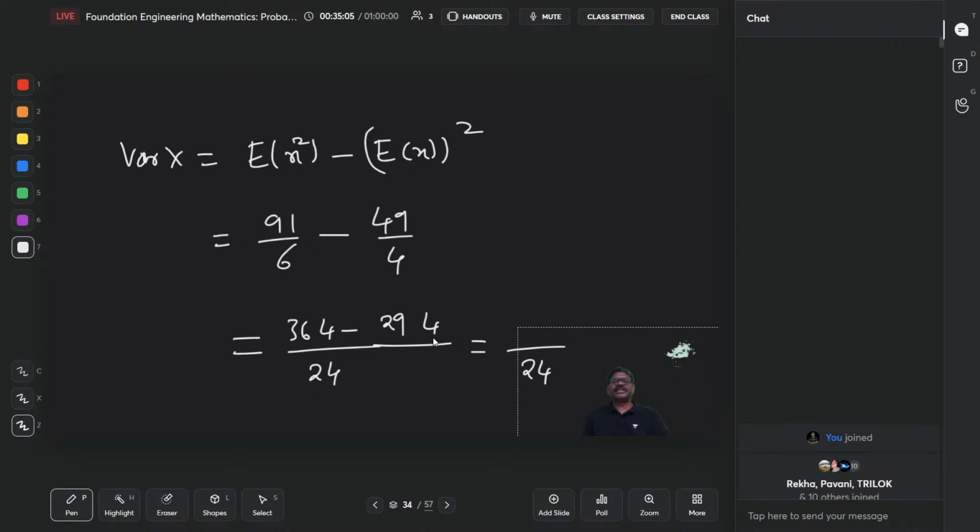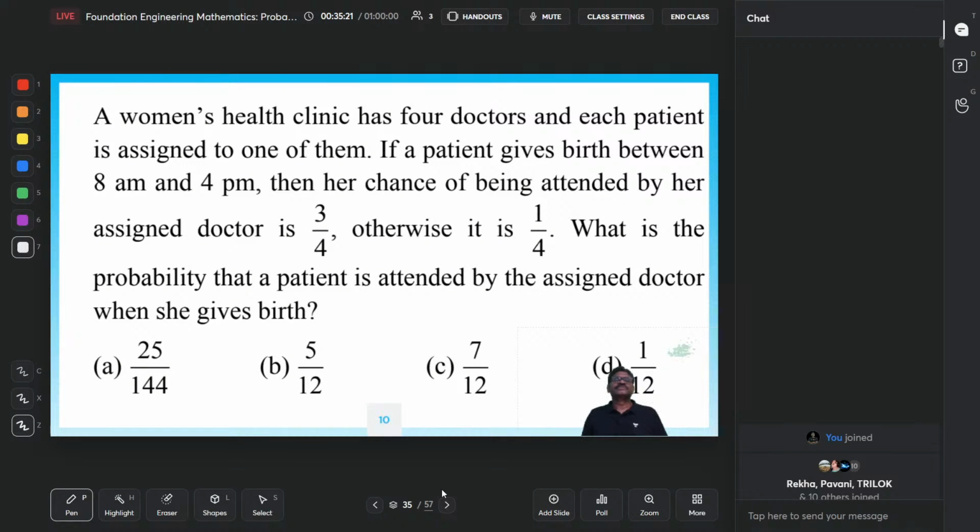That gives 364 minus 294, 70, that is 35 by 12. Variance of X is 35 by 12. Next problem.